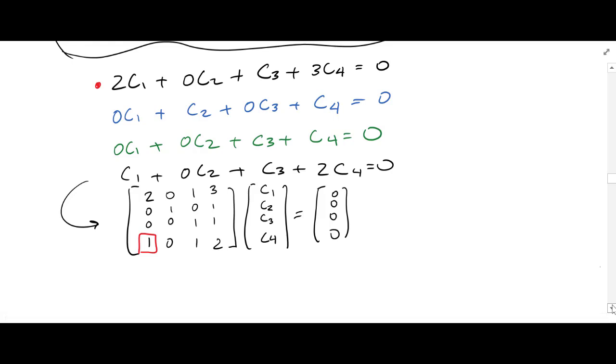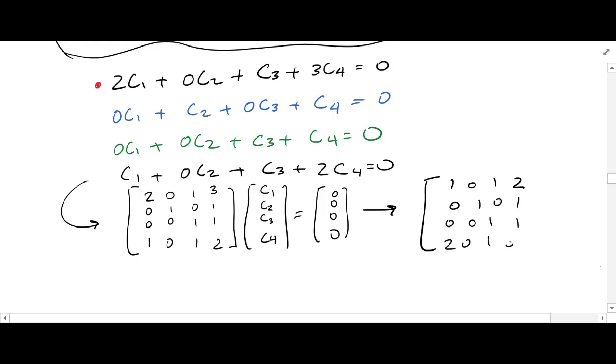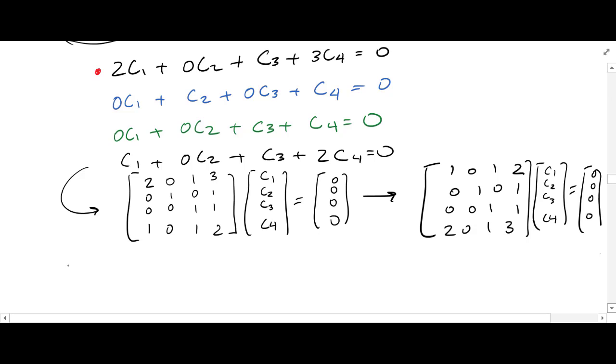So maybe I'll just swap these two rows, the first row and the last row. You can do that. So then we'll do row 4 minus 2 row 1. One minus 2 gives you a -1. And 3 minus 4 gives you a -1.